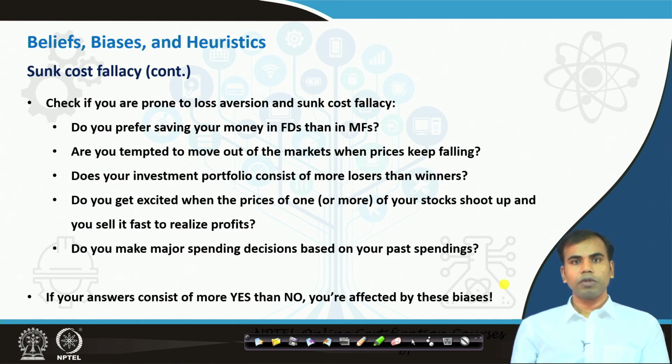If your investment portfolio consists of more losers than winners, it again indicates your loss aversion tendency, which means that you sell your stocks that have been performing well because you want to realize the profits, and if the stocks are not doing well, you keep on holding them with the hope that the prices will recover and then you will sell to make a profit.